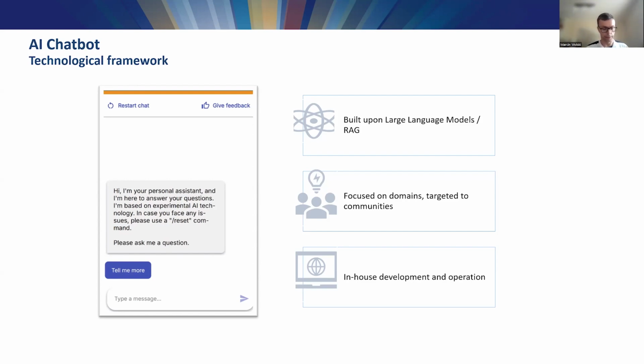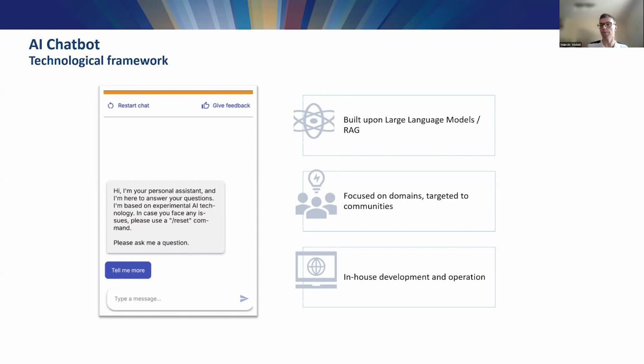Moreover, this solution is focused on specific domain and their needs in order to solve specific problems and needs of our community. And moreover, it is fully developed and operated by PSNC.